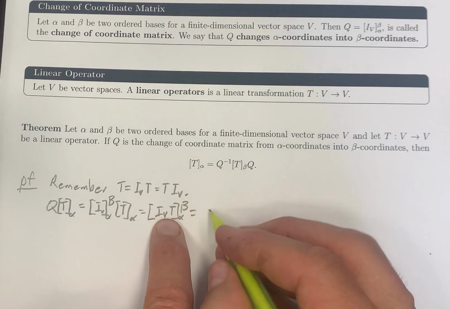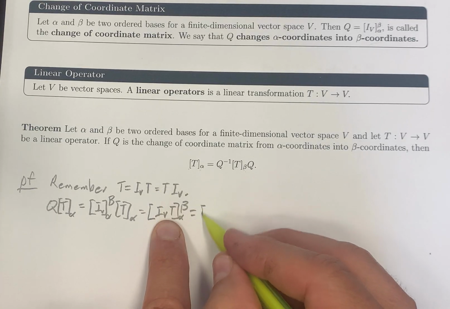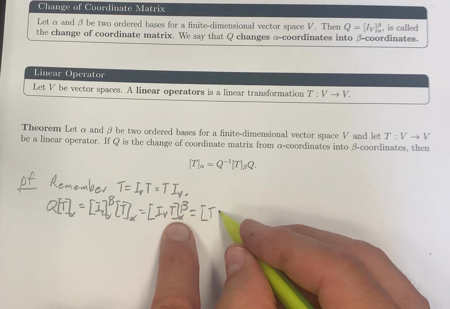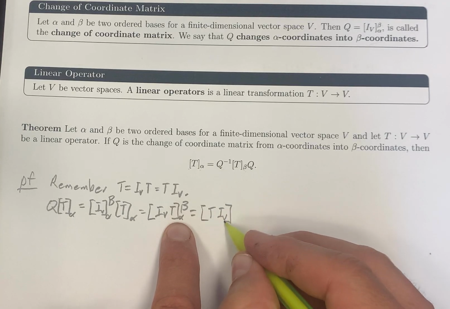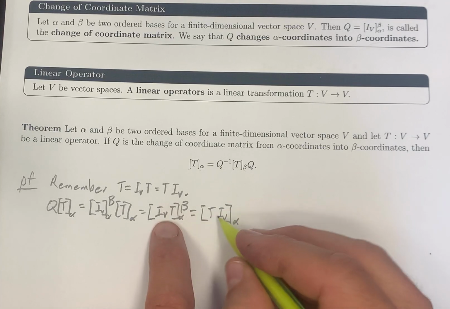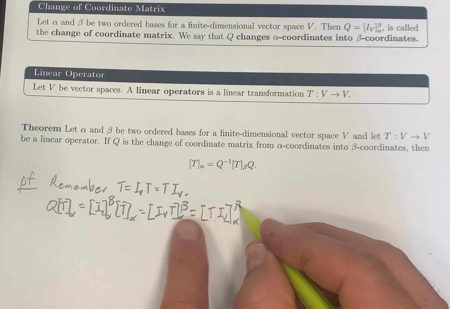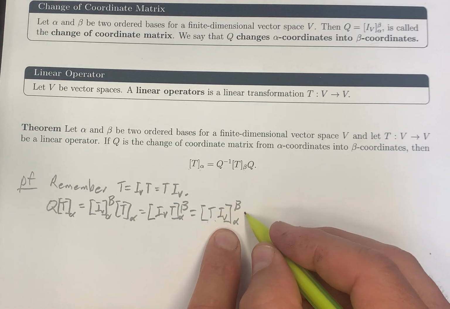But that map is exactly the map T composed with the identity on V, so these are exactly the same linear transformation, which means their matrix representations are identical.